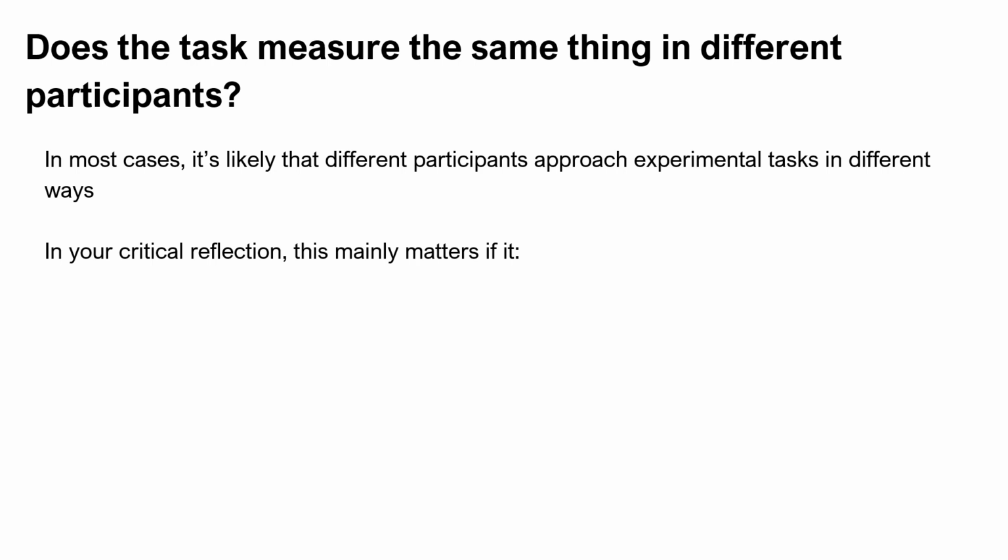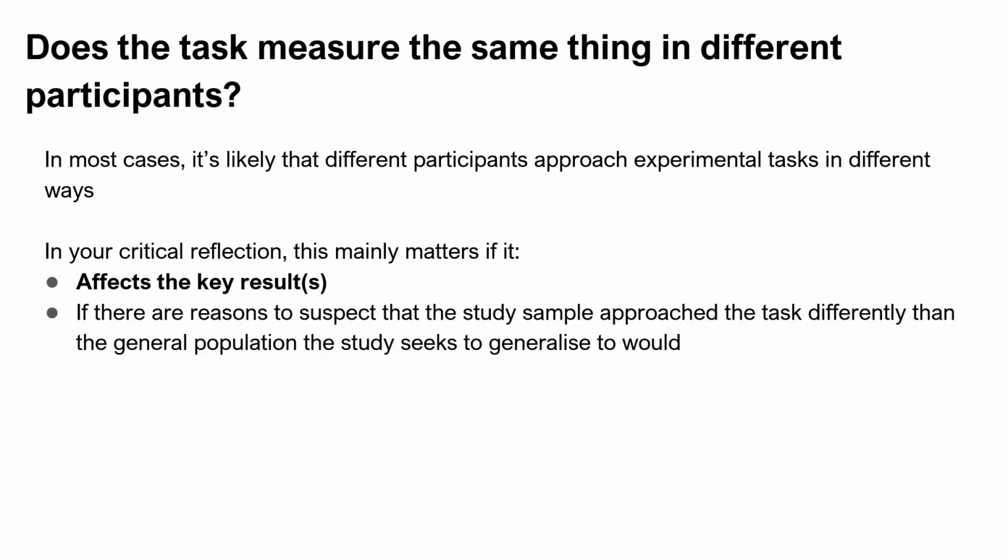And this mainly matters if you think that people using these different strategies will affect the key result of the study in some way, or if there are reasons to suspect that the study sample approached the task differently than the general population that the study seeks to generalize to.